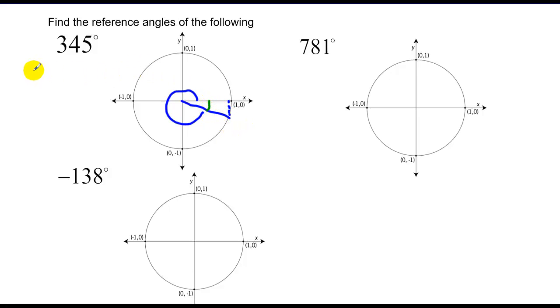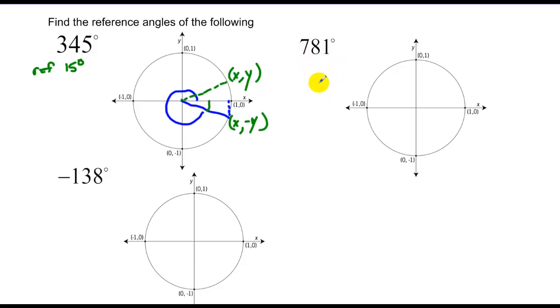Well, that's a reference of 15 degrees, which states that, once again, the x, y here and the x, y here are the same, except for the fact that since we're in the fourth quadrant, this y value is negative.